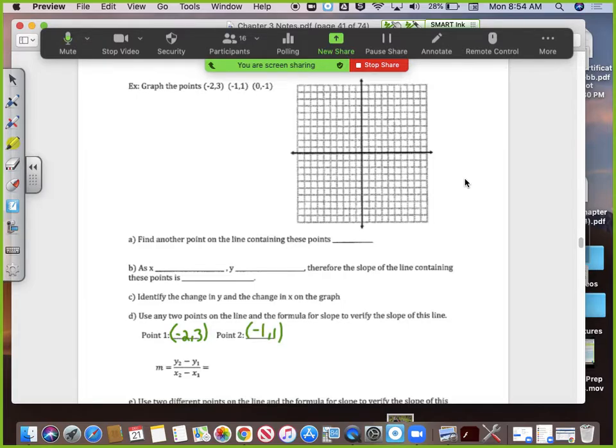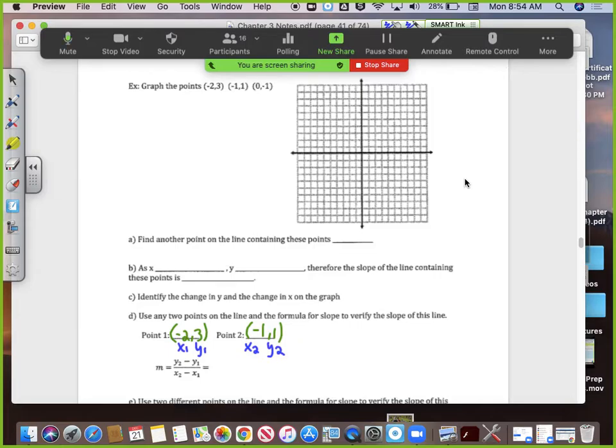Now, we already have found the slope. The slope of this line is -2. We found the slope by counting on the graph, but we're going to verify that with the slope formula. The first point, -2, 3, has the first x and the first y. The second point, -1, 1, has the second x and the second y.